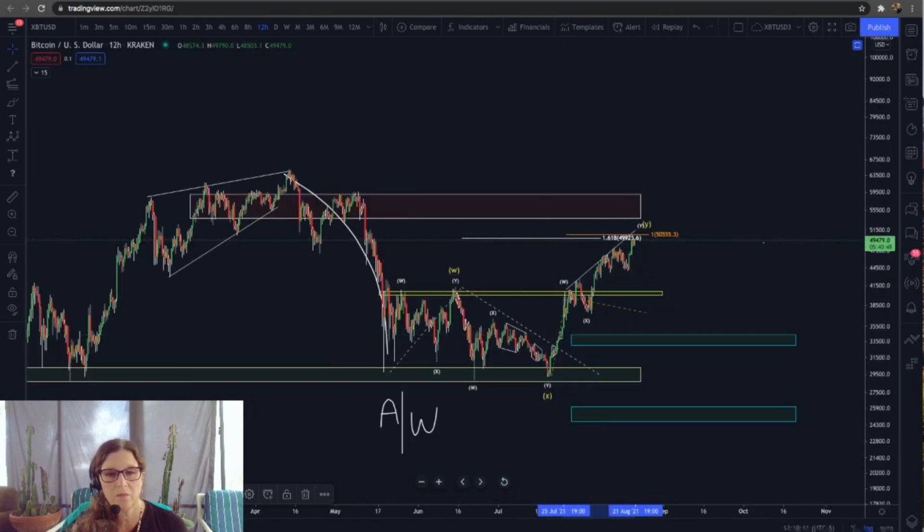There is one other option we have. And that is this last leg is actually in a diagonal, and it's a 1, a 2, 3, 4, 5. And it's an ending diagonal. But it would be a C ending diagonal, not a Y.